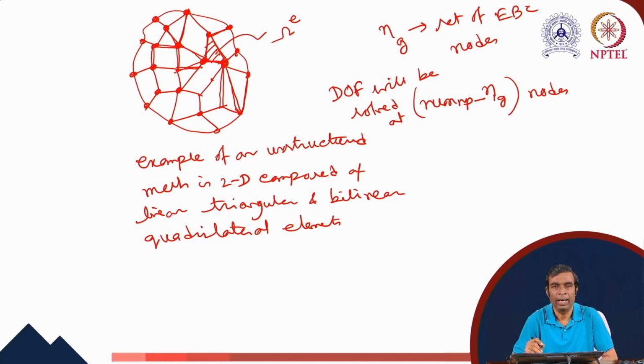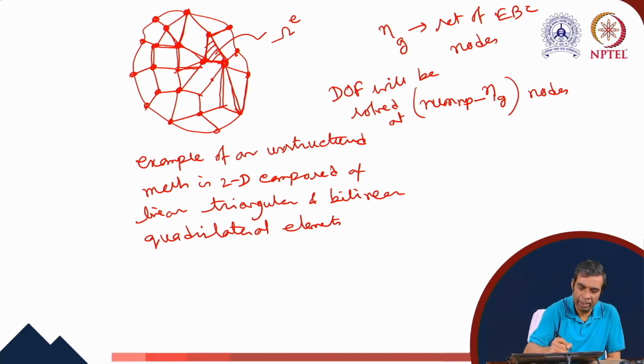So at the non-Dirichlet boundaries, at the boundary nodes and at the internal nodes, we have to calculate the degree of freedom, or generate the matrix equation system. The algebraic equations are written at the discrete nodal points. Here, these circles, as I have already mentioned, are the nodes and these are the arbitrary elements.